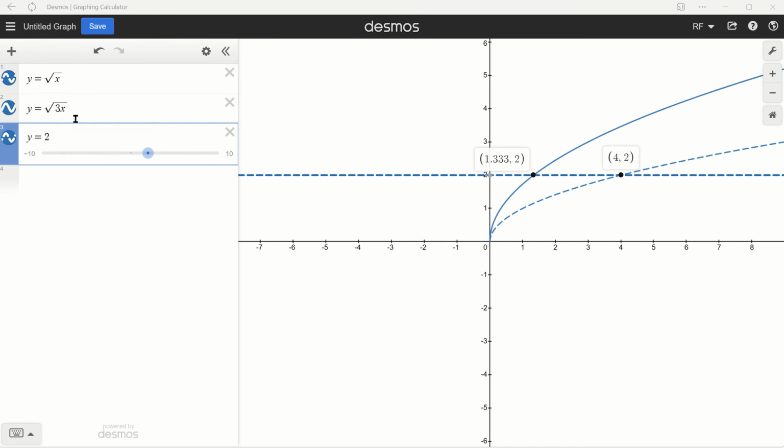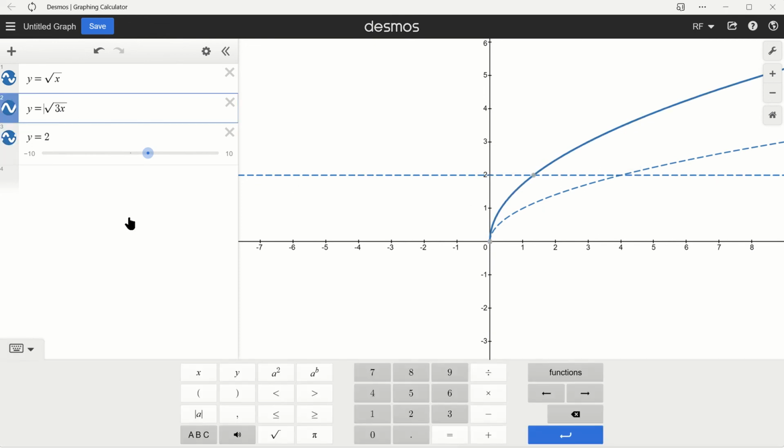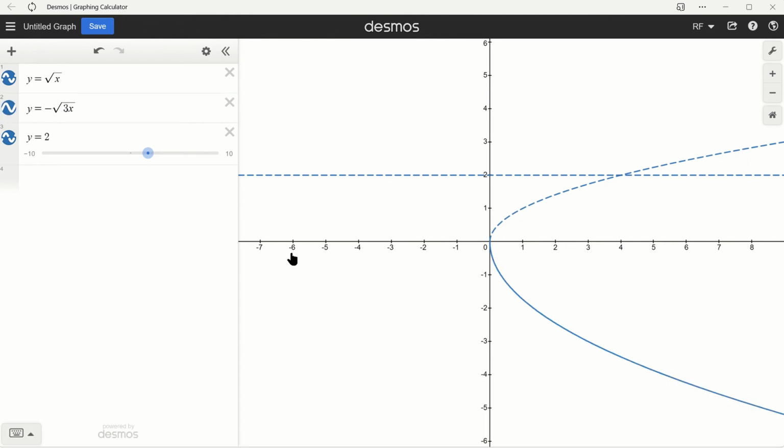And of course, if I want to just now move it down, all I got to do is just do that, right? Once I bring in the negative, that's going to reflect it across the x-axis, okay? Because all the y's become negative y's, right? All right, so that's that.